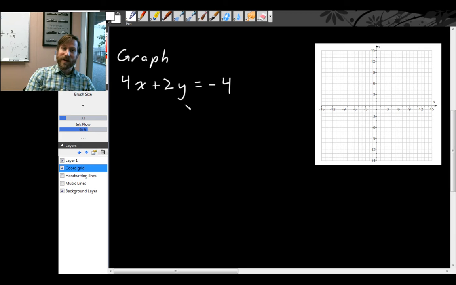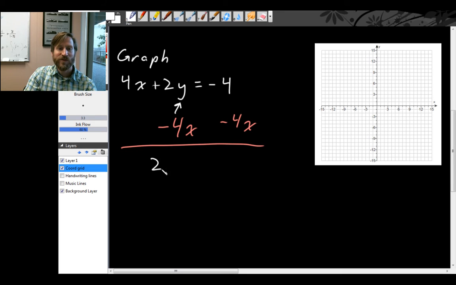To put an equation into slope-intercept form, remember, all we need to do is solve for y. Let's isolate the y to solve this for y. So we'll start by subtracting 4x from both sides. That gives us 2y equals -4x minus 4.